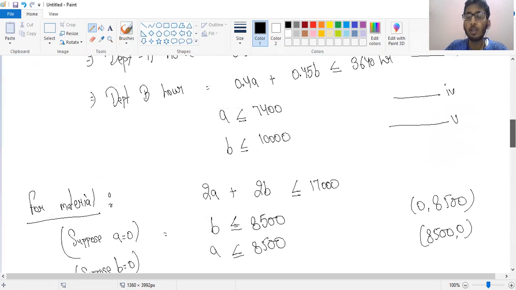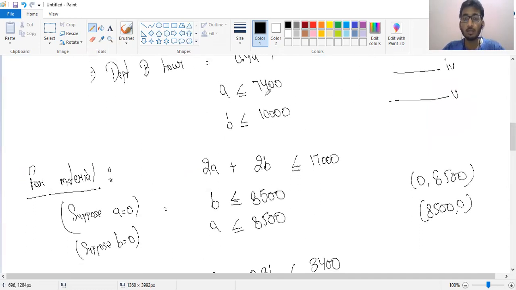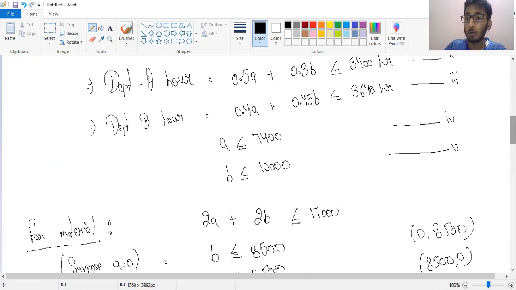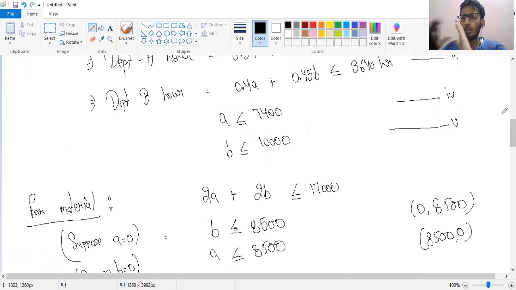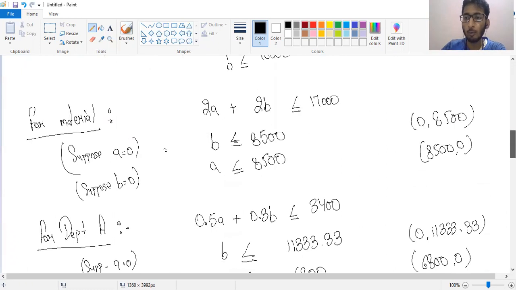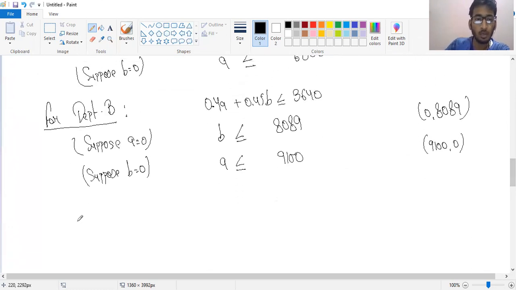Now there are two more linear equations. A is less than or equal to 7400. We won't create a two-point system here, because in this question we have only 1 point. For A, suppose this is the graph.